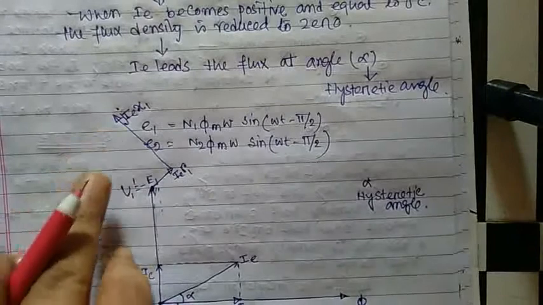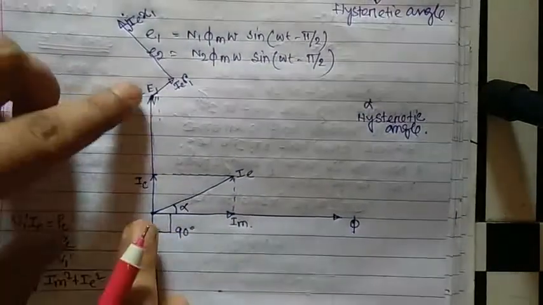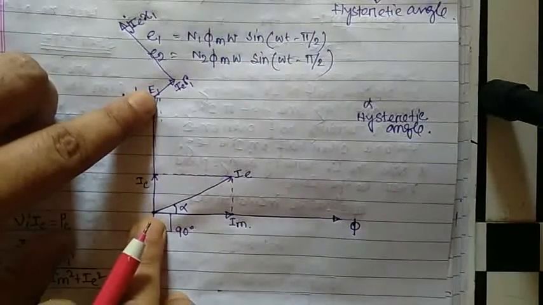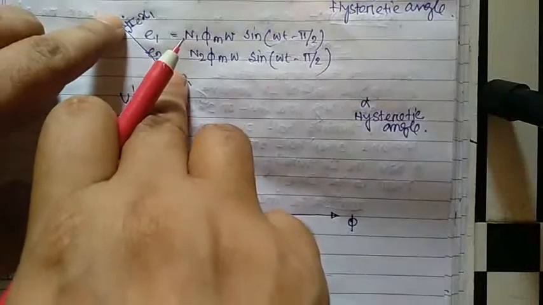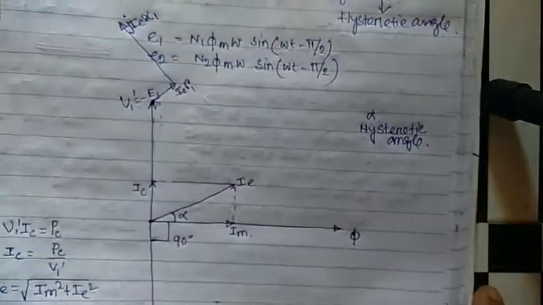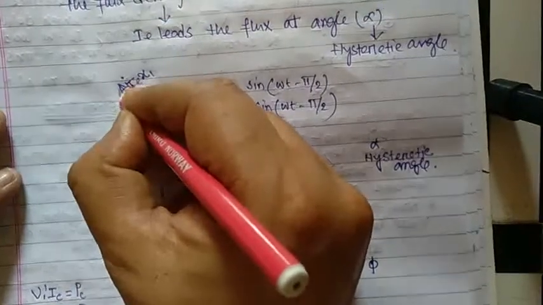As it is on the imaginary axis, we write j IE X1.